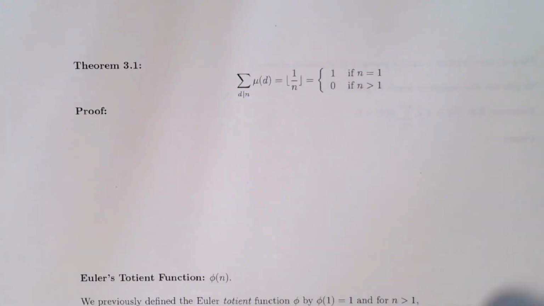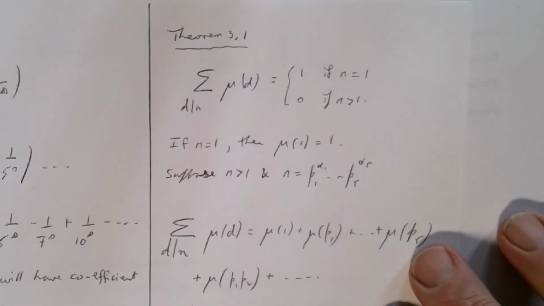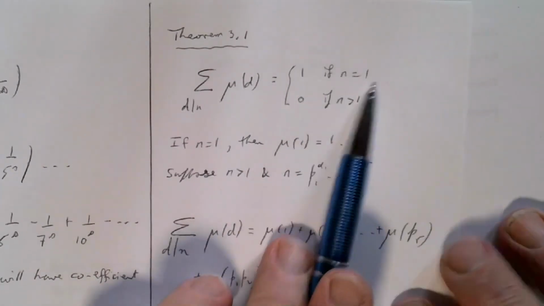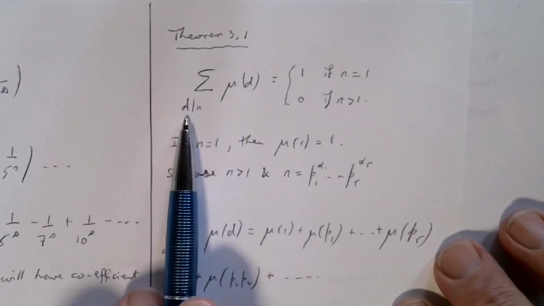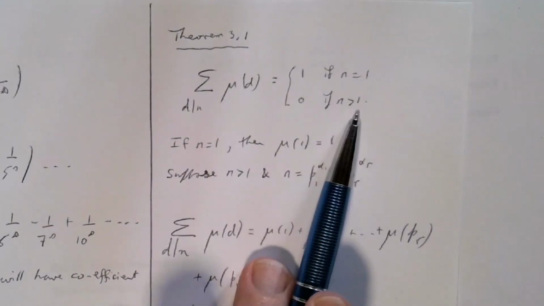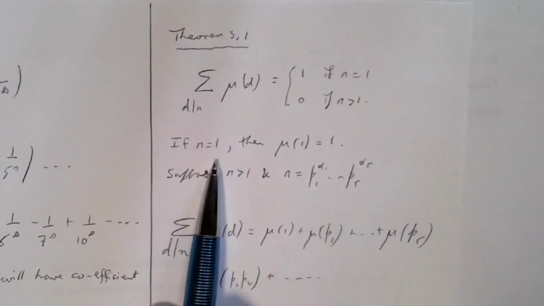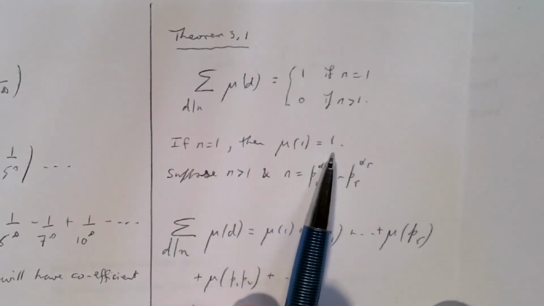And the proof of this is fairly straightforward actually. So here it is. That's what we're doing here. You take the sum over the divisors of n of mu of d, and you get 0 most of the time, and 1 if n is 1. So it's easy to check. If n is 1, then you only get the first term. Mu of 1 is 1, which is how we defined it.